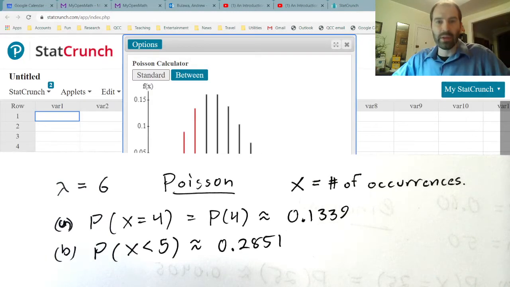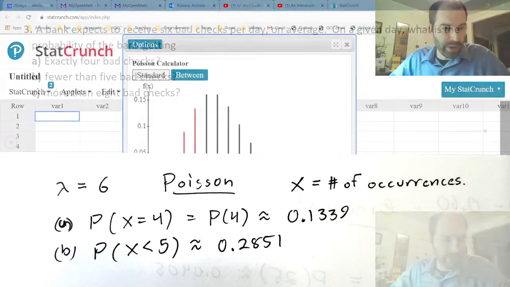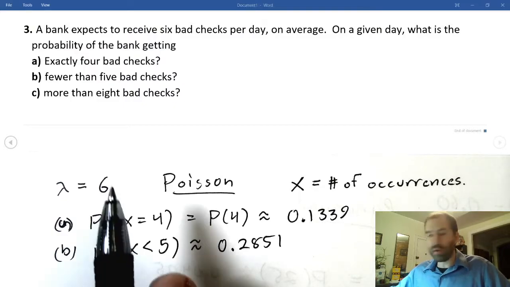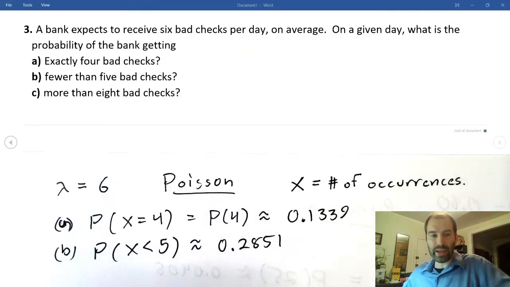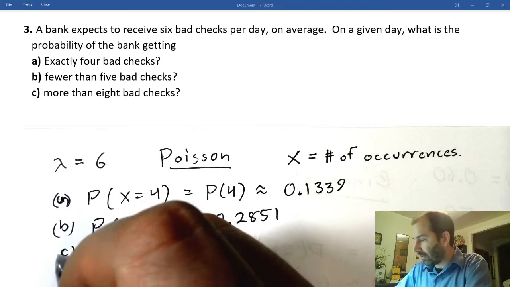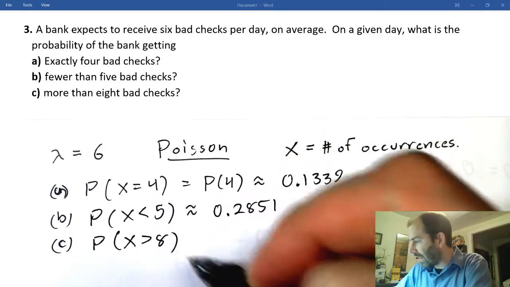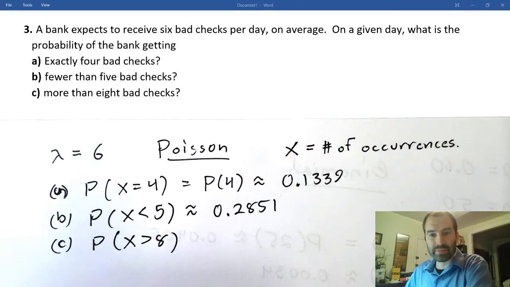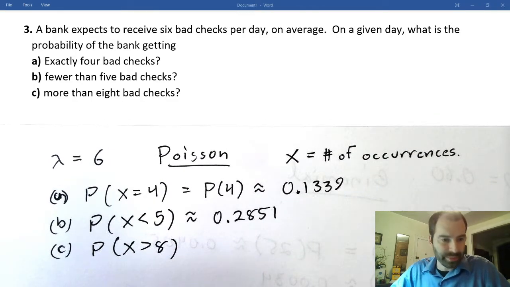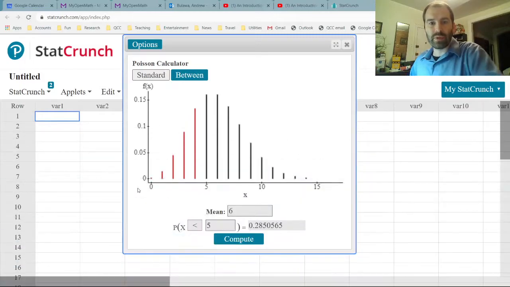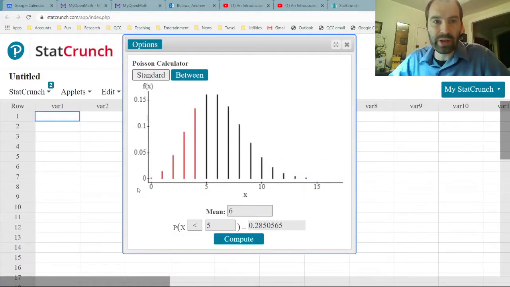Okay. And our last one here, more than 8. Well, that's the probability that x is greater than 8. Okay, so let's go to our distribution calculator here.